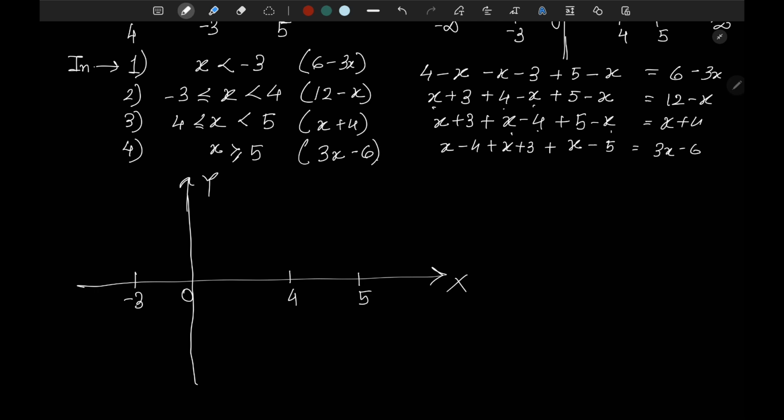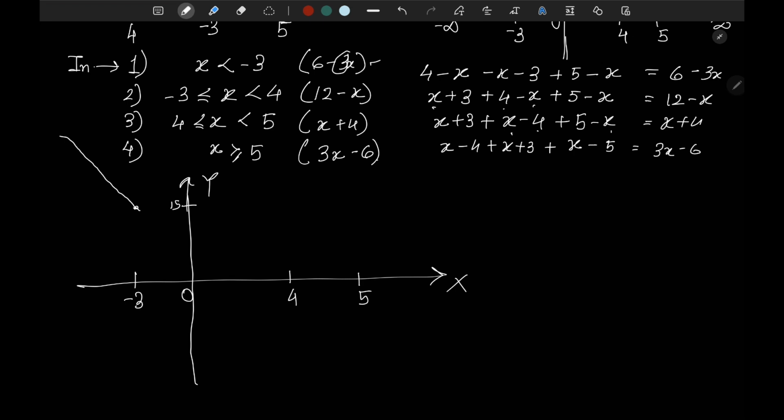Okay, so at minus 3, what value will we have? If x is minus 3, then 3 3s are 9 and 6, this is 15 somewhere, this is 15. Okay, and this is a line with a negative slope. So a line will come like this and end up at 15.